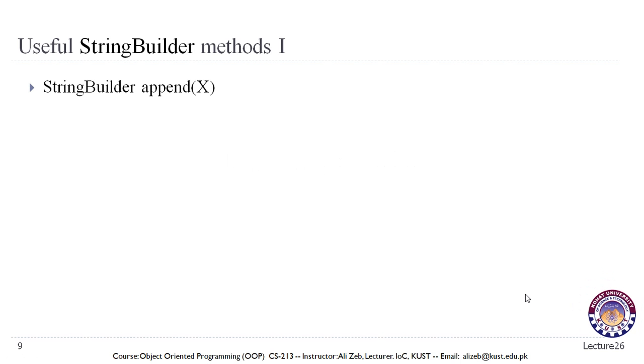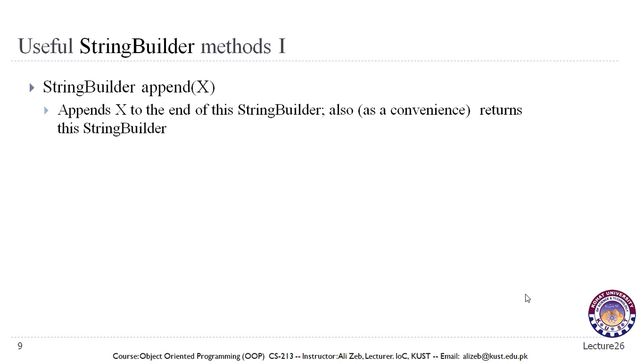Now to look at some of the useful methods, we also have an append method that appends whatever we pass as the argument to the end of the string builder, and it also returns the string builder object.